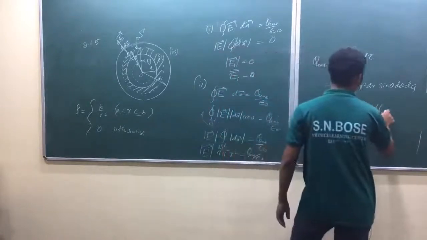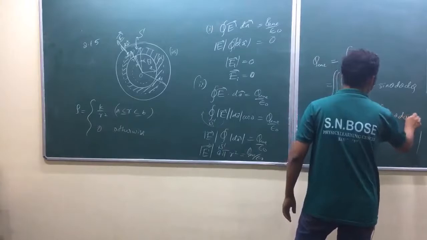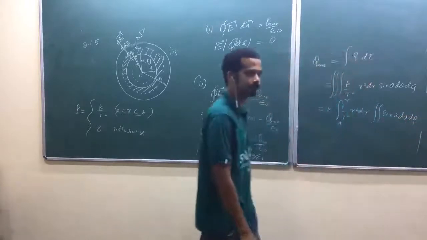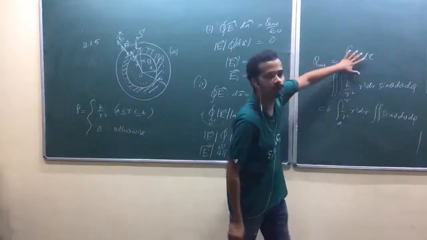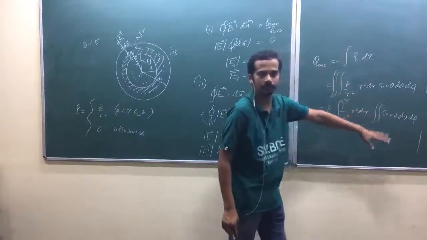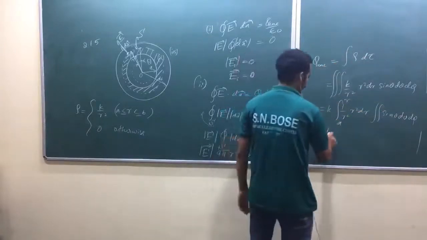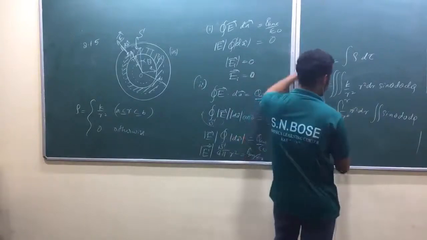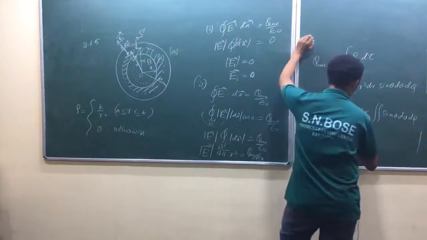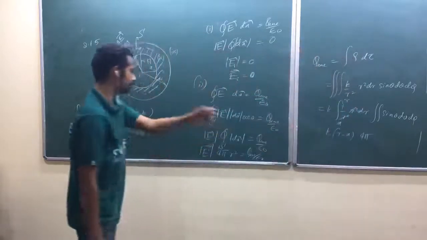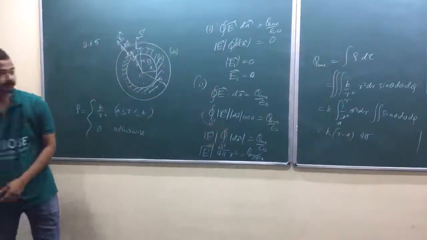The integral of sin theta d theta d phi will be 4 pi, because there is no theta functionality introduced by rho, am I right? That's why you don't have to touch that. So K into r minus A, 4 pi. Now equate these two.